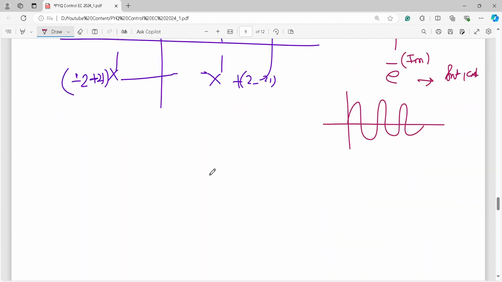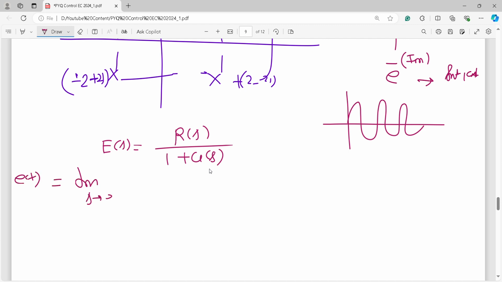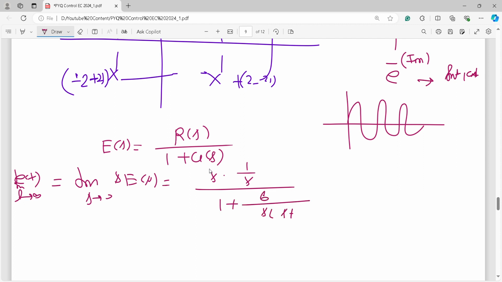ESS is equal to limit s tends to 0 of s into R(s) by 1 plus G(s), which is e(t) as t tends to infinity. So s into 1 by s by 1 plus 6 by s into (s plus 1)(s plus 2).